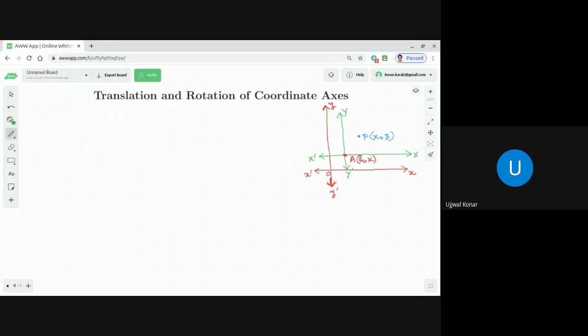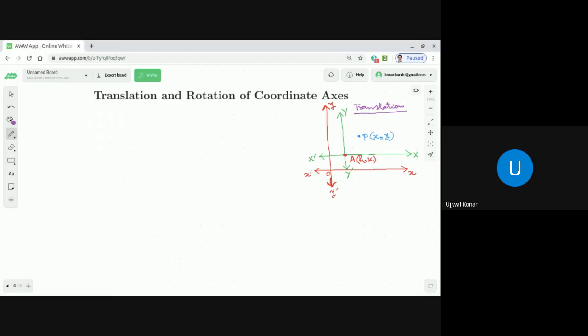Now, what is rotation, dear students? Rotation is something different. What we discuss now is called the translation. So first I explain what is meant by translation and rotation. Translation means you are just moving in a rectilinear motion, rectilinear movement.